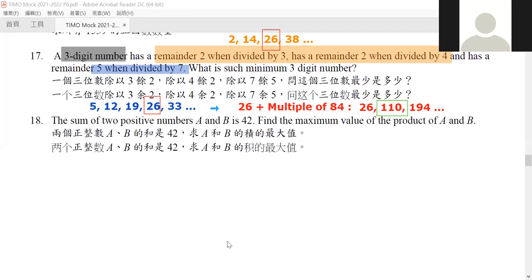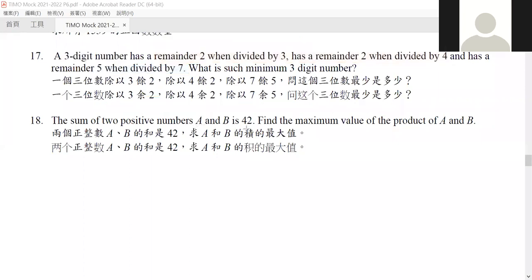Okay, so now let's go to question 18. The sum of two positive numbers A and B is 42. Find the maximum value of the product of them. In here, it requires a very important truth about sum and product.